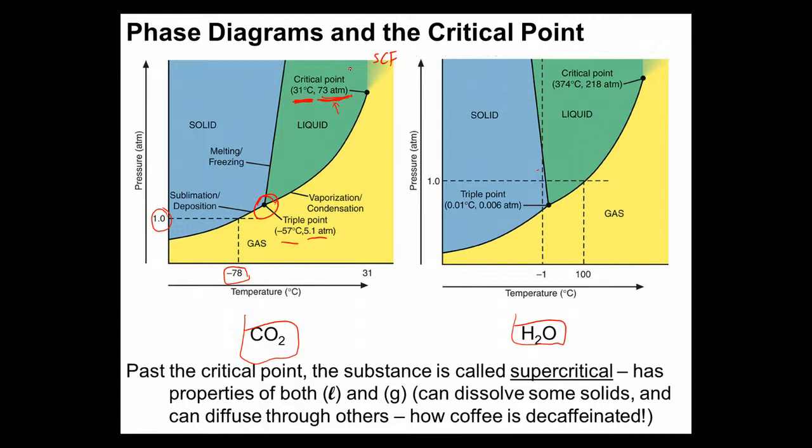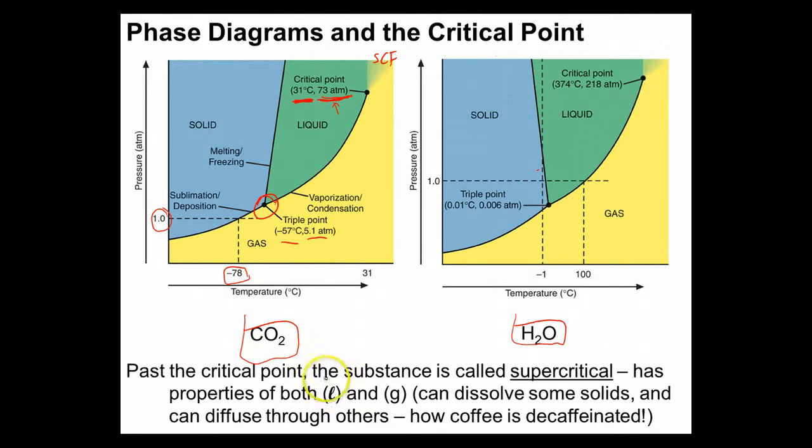Well, above the critical point, supercritical fluid will act like both a gas and a liquid. So it's neither one, but it's a little bit of both. You can dissolve things in it like you would dissolve with a liquid. Now, that means carbon dioxide can be used for very, very evil purposes.